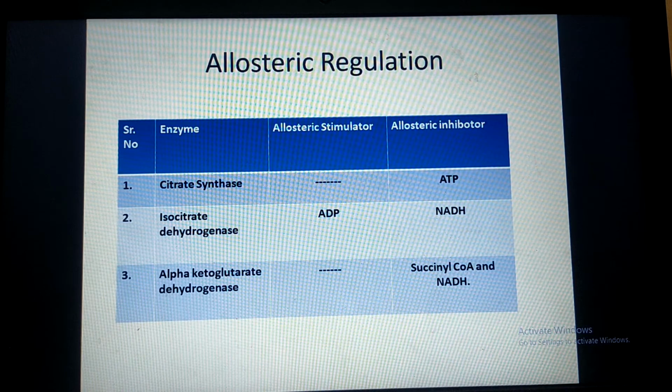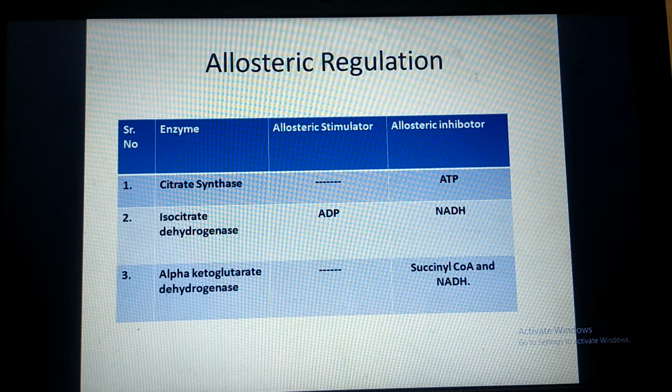After energetics, come to the allosteric regulation of TCA cycle. The three enzymes of TCA cycle are important. First is citrate synthase, second isocitrate dehydrogenase, and third alpha ketoglutarate dehydrogenase.